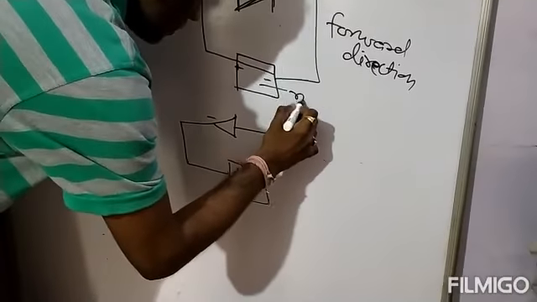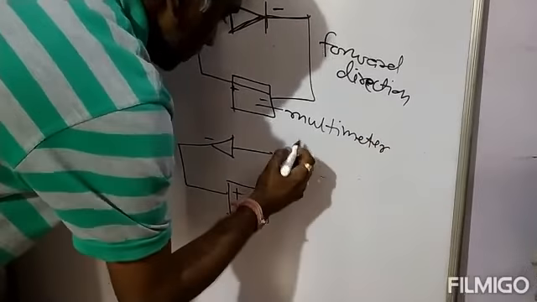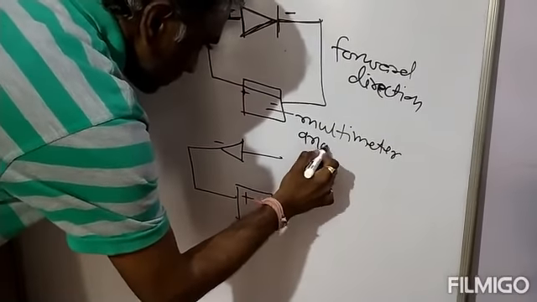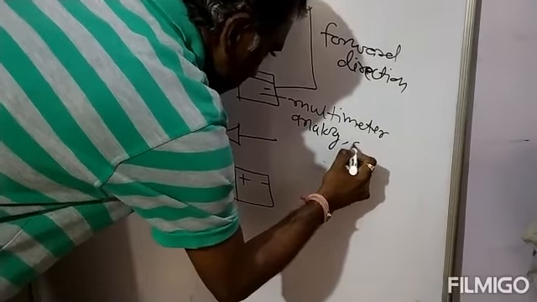This is the multimeter. It can be analog or it can be digital.